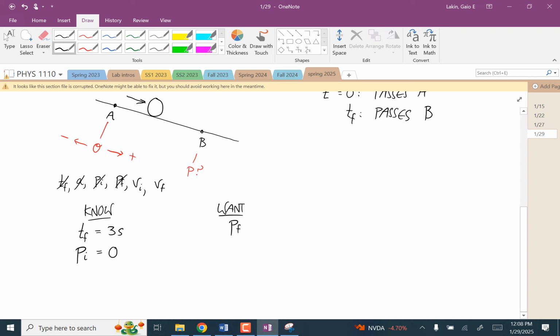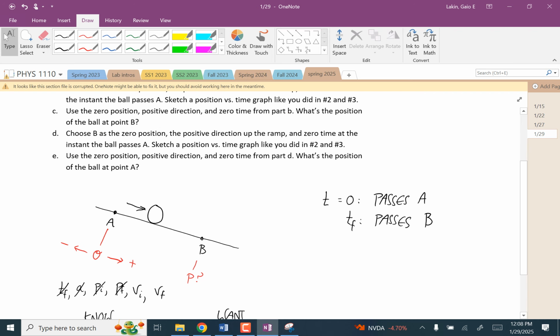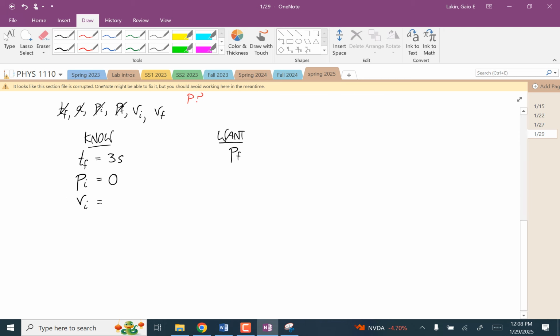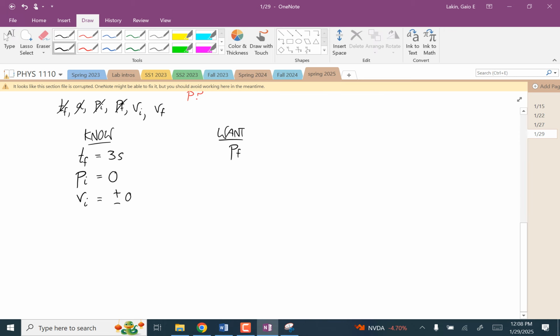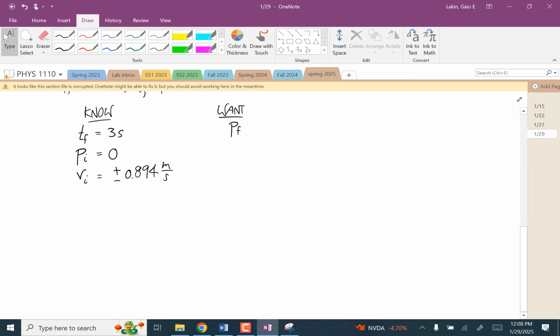Do we know the velocity at time 0? That's right, it's 0.894, and you also remember, it gave it to us as a speed, so you also have to think about the direction. So it's going to be plus or minus 0.894. And then you have to think, is it moving in the positive or negative direction? In this case, it's positive, so we want the positive.